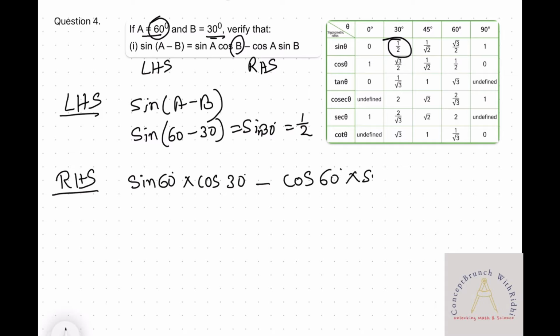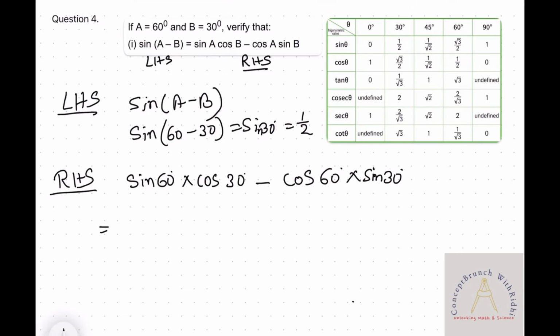Okay, sine 60 is root 3 by 2, times cos 30, that is root 3 by 2, minus cos 60, that is 1 by 2, and sine 30, that is 1 by 2 again.